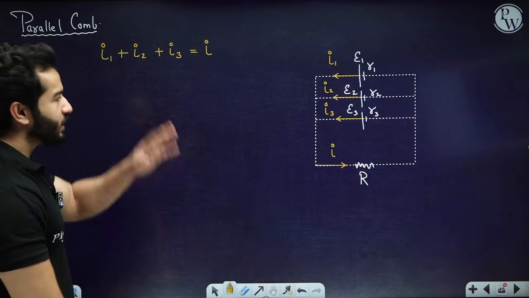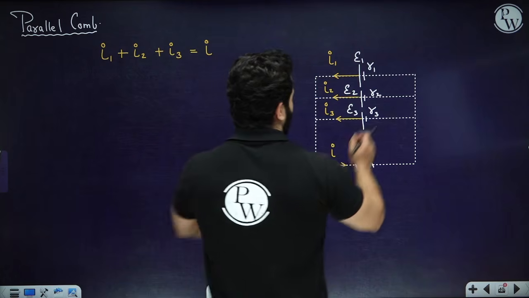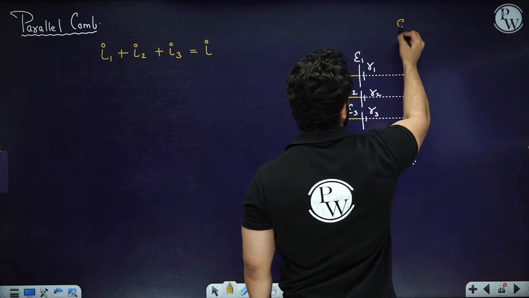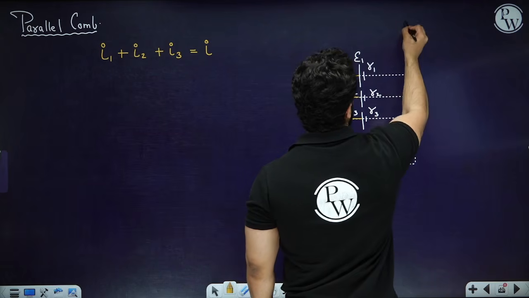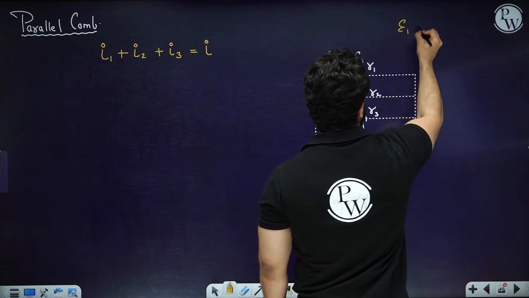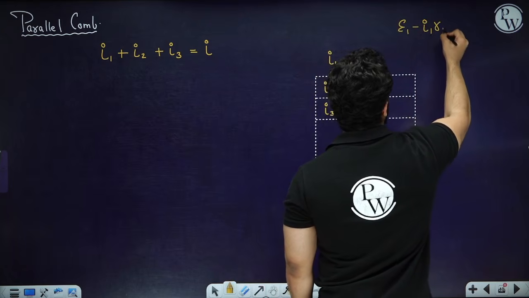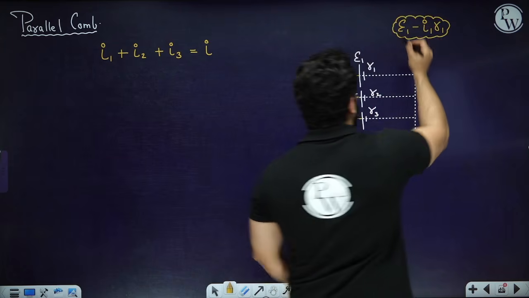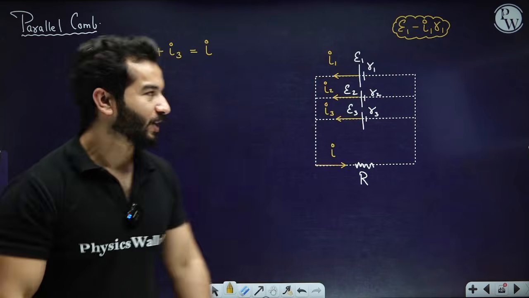Now if you closely see how I can write current, what is the potential difference between these points? The potential difference between these points is E1 minus I1 into R1. Please understand, this is the terminal potential difference between these 2 points, and it will be the same across each one of them, isn't it?